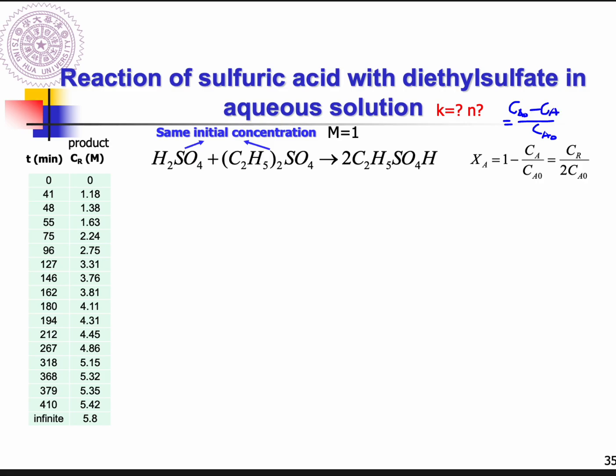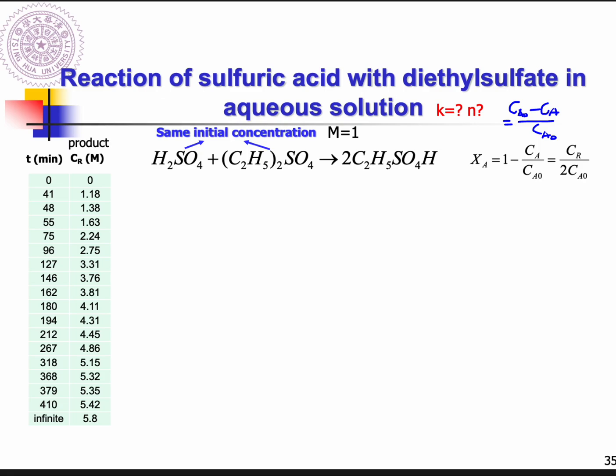What's the Ca0 minus Ca? Ca0 minus Ca is this part that has already generated the product, right? So you consume 1 mole of reactant, you will generate 2 moles of product.